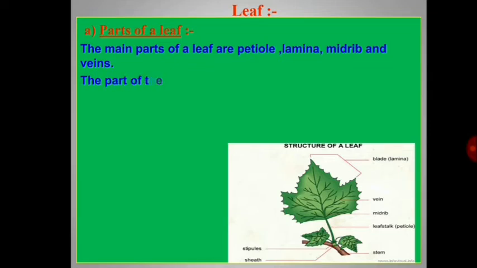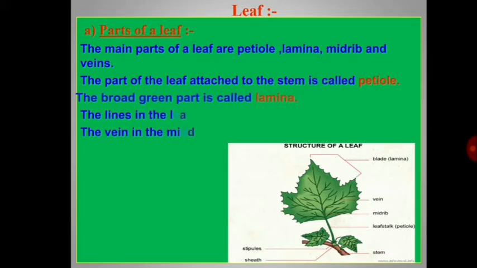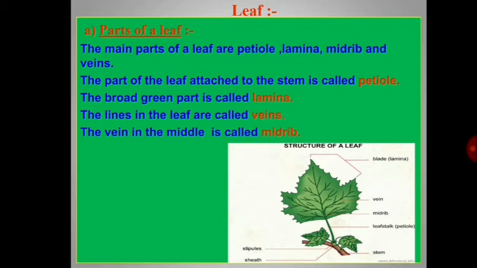The part of the leaf attached to the stem is called petiole. The broad part of the leaf, which is green in color, is called lamina. The lines in the leaf are called veins.